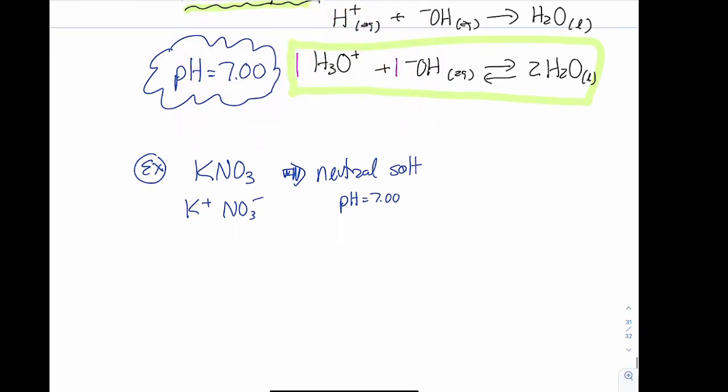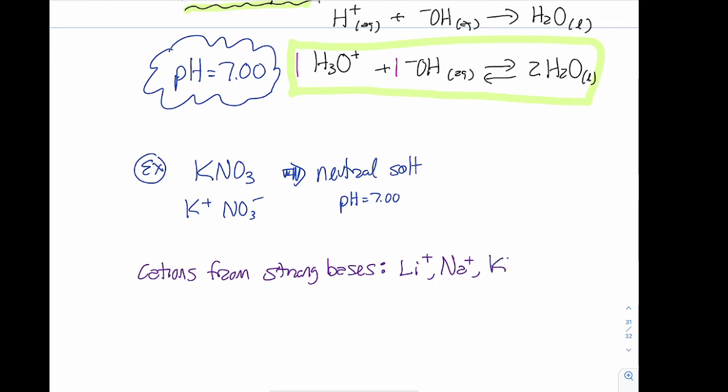So cations from strong bases. Remember lithium hydroxide, sodium hydroxide, rubidium, cesium.